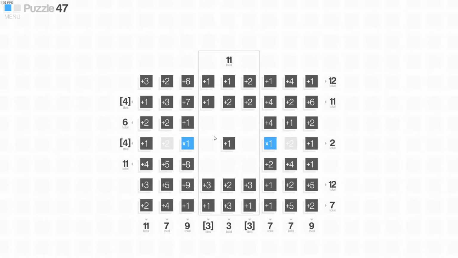Okay, so if we look at this middle column, it has to equal 3. And what that actually means is that the sum of all the numbers in these outside columns will have to equal 8. So if we add these up, 3, 4, 5, 6, this can't equal 6.